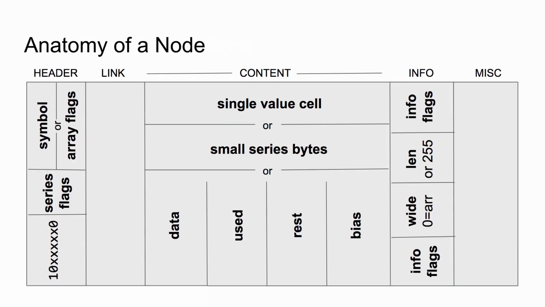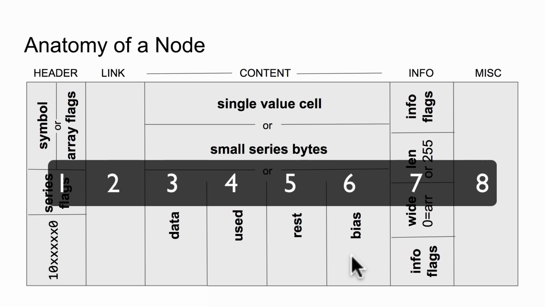So the nodes are now a bit larger. We saw before they were 5 platform pointers large. And what we're looking at here is something that's 8 platform pointers large. So this is vertical. Count vertically for the 8 platform pointers.